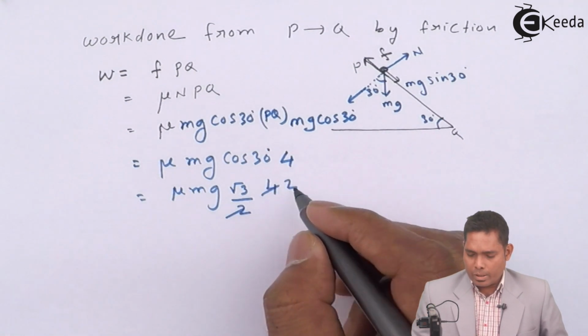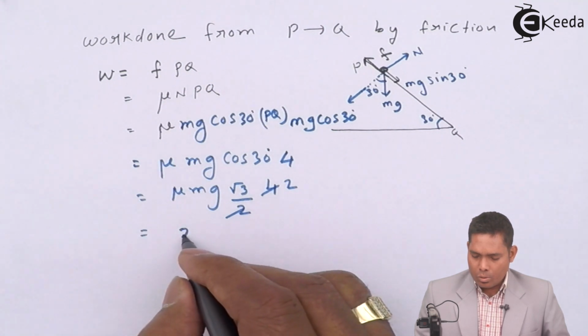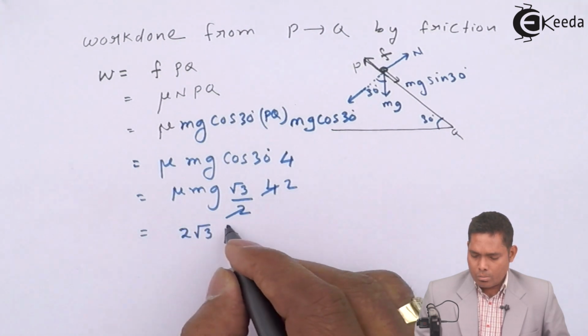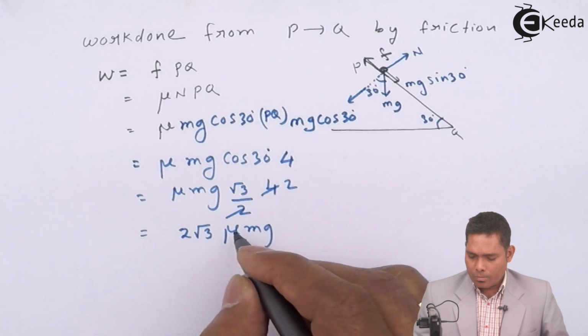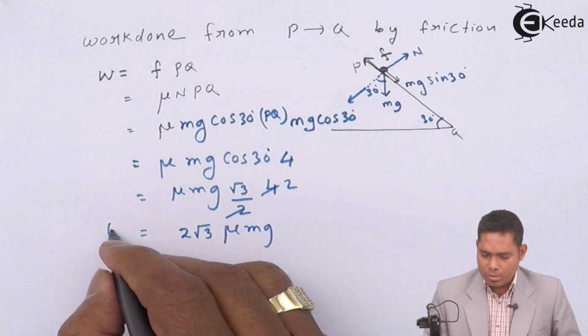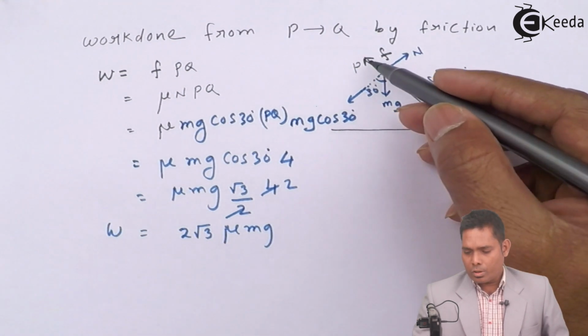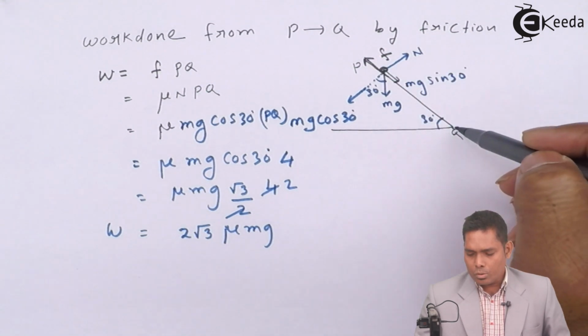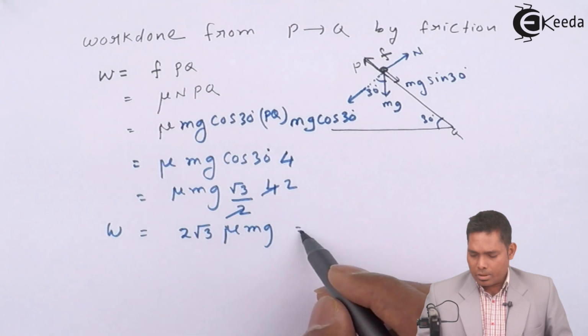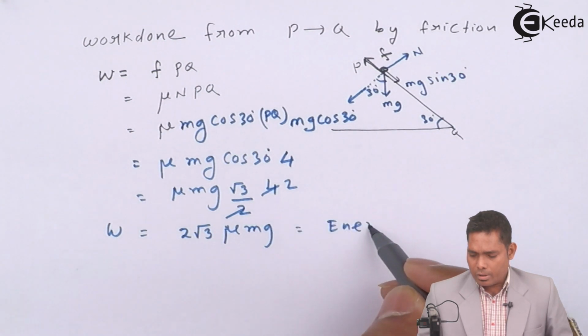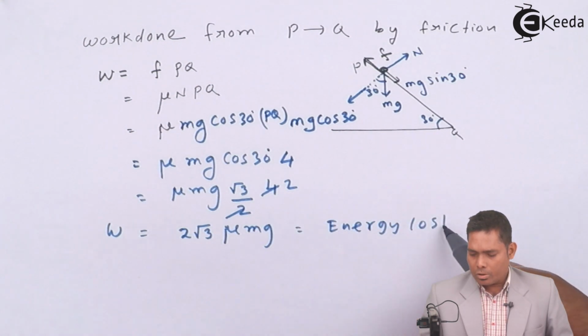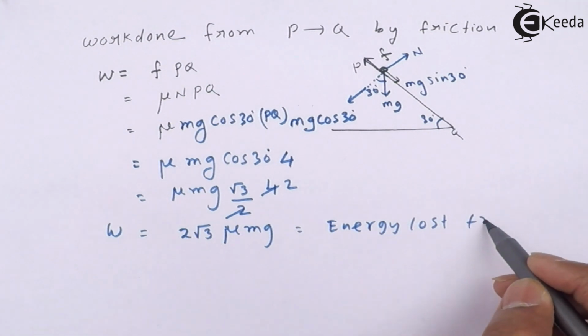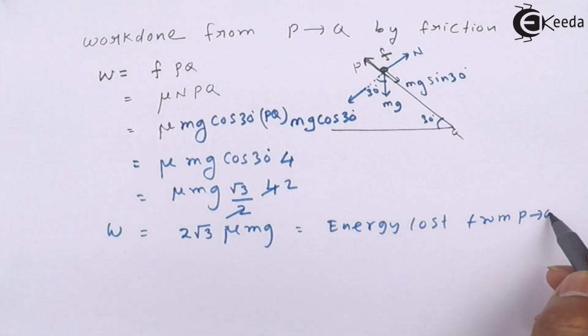So the 2 cancels, and this is 2 root 3 mu mg. This is the work done by friction when the particle moves from P to Q. So this is the energy lost from P to Q.